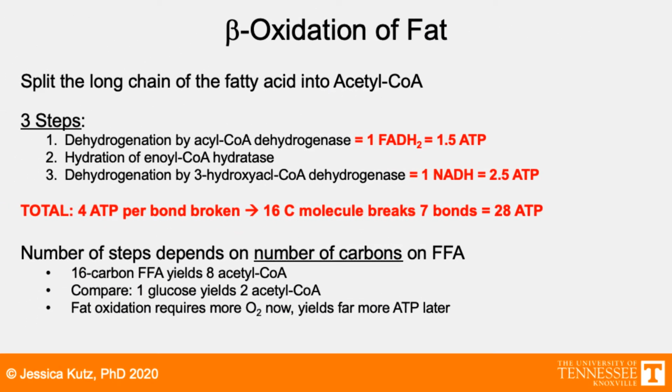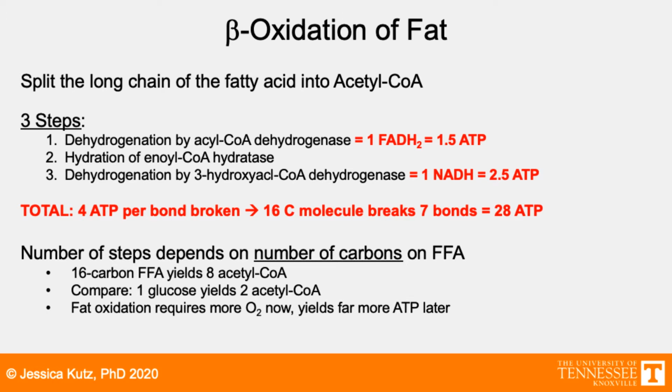Now, we've mentioned that the process of beta oxidation is taking this very long fatty acid chain, and we want to break the carbons so that we're creating 2 carbon molecules that are called acetyl-CoA molecules. It takes 3 steps to go through the process of beta oxidation. And in those 3 steps that are outlined in this slide, we produce 1 FADH molecule and we produce 1 NADH molecule.